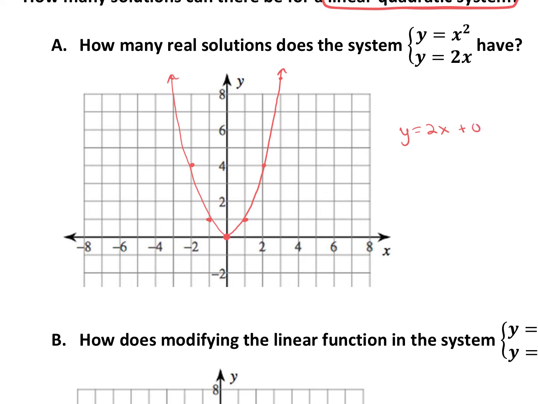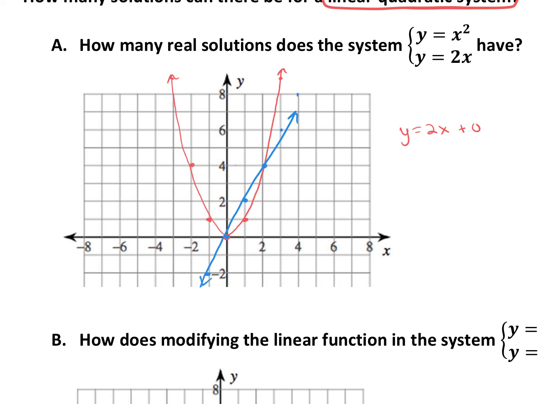So when we graph this one, we're going to start at the y-intercept of 0, and we're going to do a slope of 2, so up 2 to the right 1, up 2 to the right 1. So already I can tell that this point right here is on both equations, both functions. But I'll keep doing my slope points, up 2 to the right 1. Let's backtrack from the origin down 2 to the left 1, and we can draw in this line.